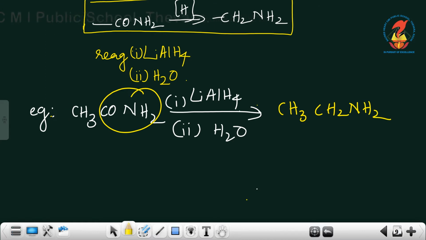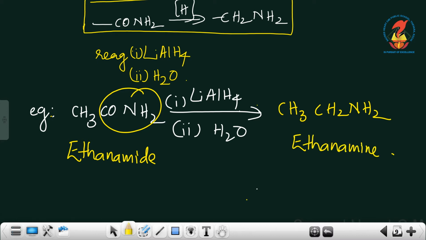Here the amide is a 2 carbon containing amide. We have to count this CO group carbon also. So this is ethanamide. Ethanamide will be converted to ethanamine, a 2 carbon containing amine. So this is about the preparation of amines by the reduction of amides.